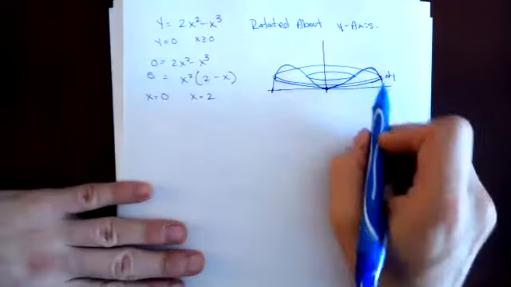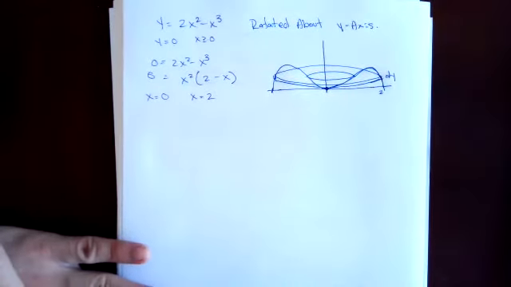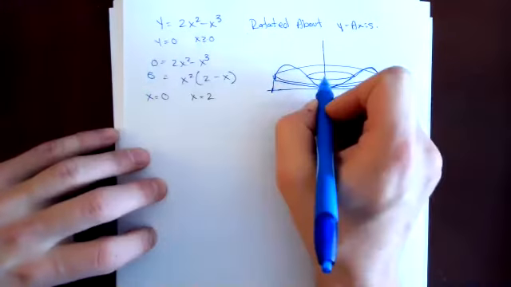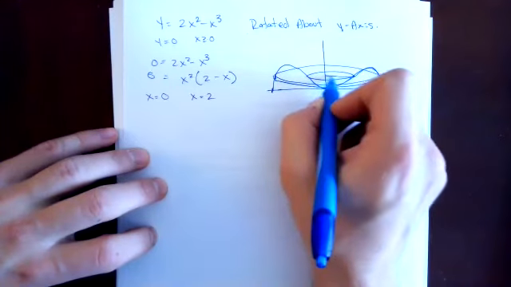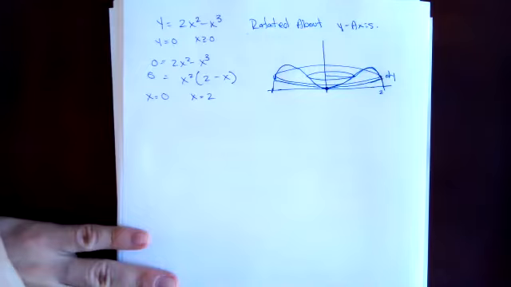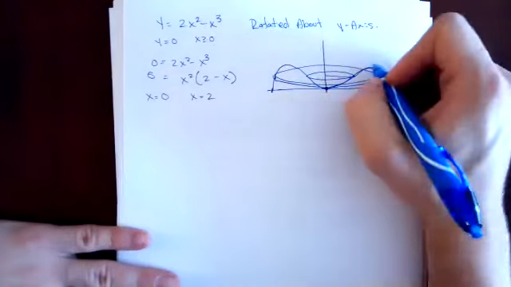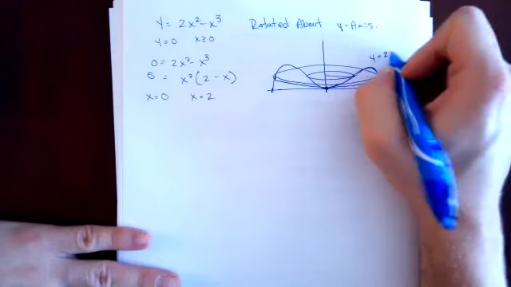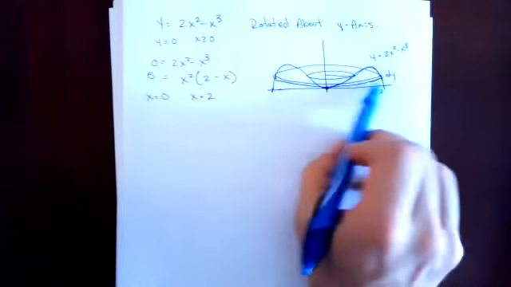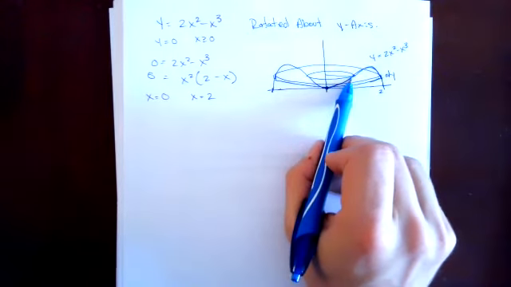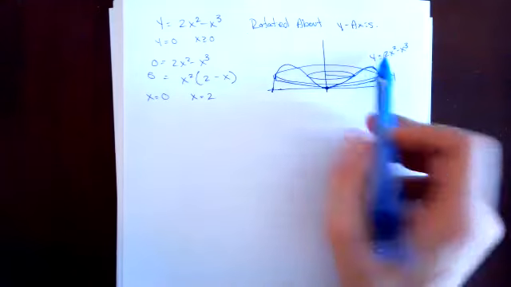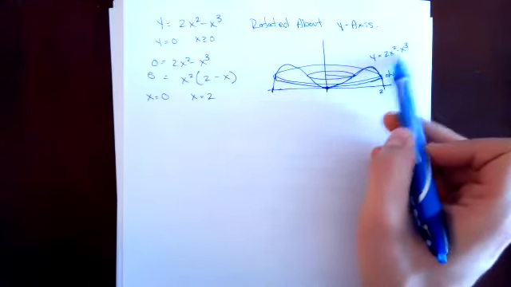Okay, my width of these washers is dy. I need all my functions in terms of y, which means I need the radius of this in terms of y. Okay, well, that's a little weird now because this function was just one function. But if we do it this way, we see we clearly have an inside radius and we clearly have an outside radius. So I somehow need to find and solve this guy for x.